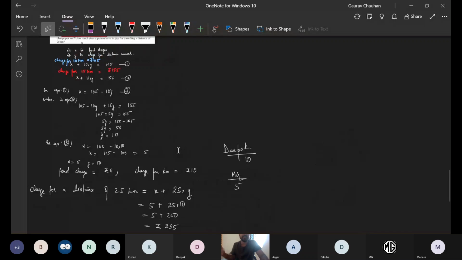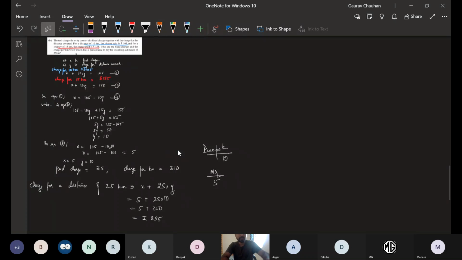Does anyone have any question in fixed charge, variable charge type? I'm going to put this solution as a snapshot in WhatsApp. Any confusion?